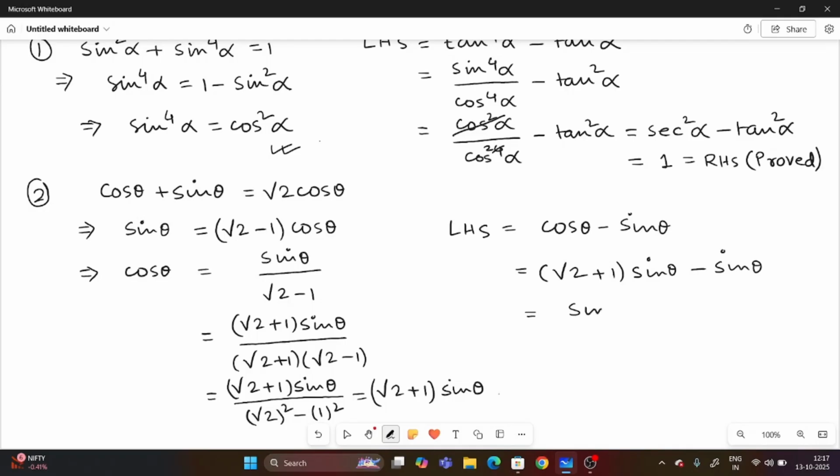Now sin theta is common from these two terms, and we get root 2 plus 1 minus 1 within brackets, 1 cancelled. So the answer is root 2 sin theta, which is the right hand side of the required relation. Hence, we have proved the relation using some calculation. So next, we are going to solve our next question.